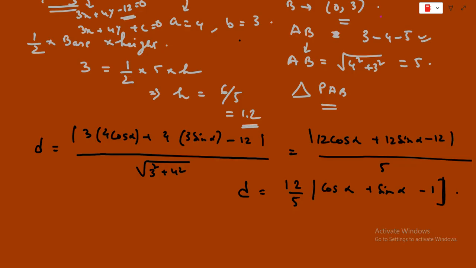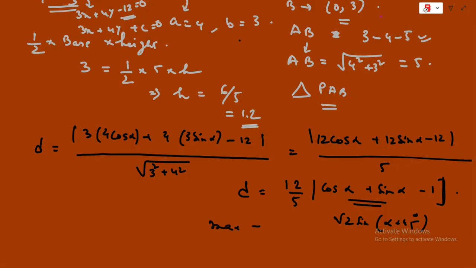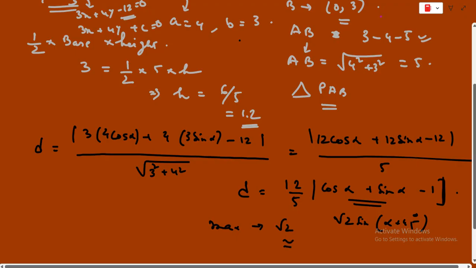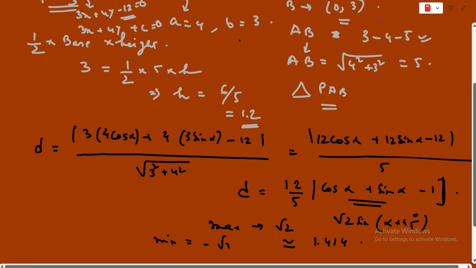Okay. Now remember, cos alpha plus sin alpha is root 2 sin of alpha plus 45 degrees. So the maximum value of cos alpha plus sin alpha is root 2, that is near about 1.414. So the minimum value is minus root 2, that is near about minus 1.414. Right? Now, case number 1.